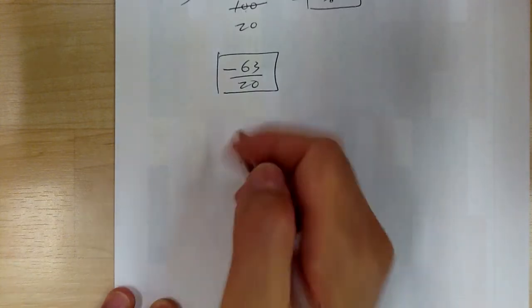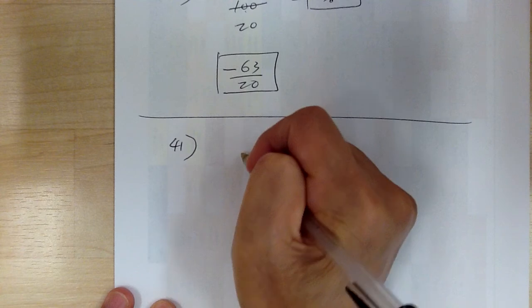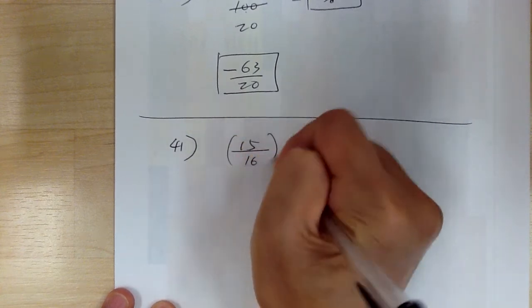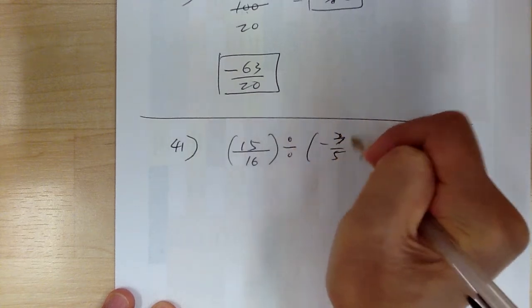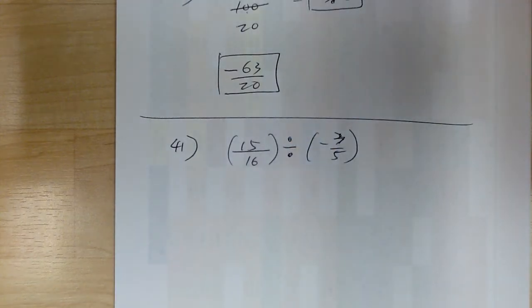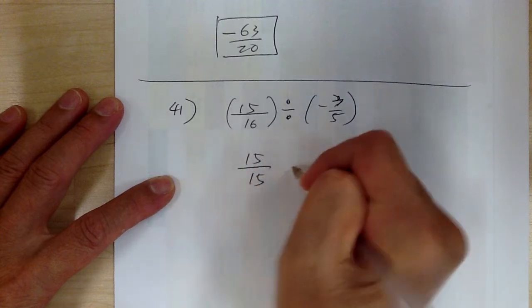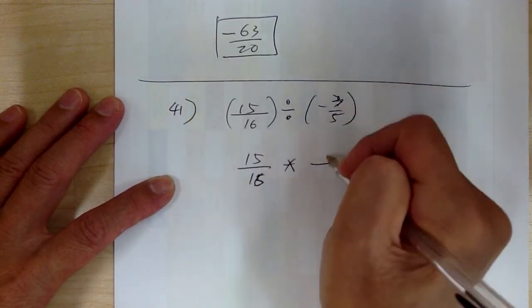Okay, now the next thing you need to do is know how to divide fractions. So like number 41, you have 15 over 16 divided by negative 3 over 5. When you have division of fractions, the first thing you need to do is convert into multiplication. So make this into multiplication and flip this upside down.